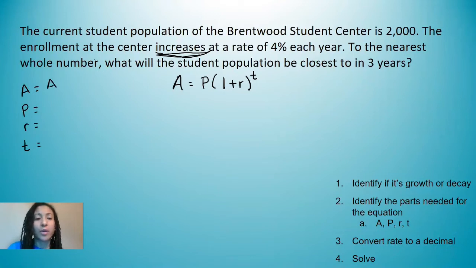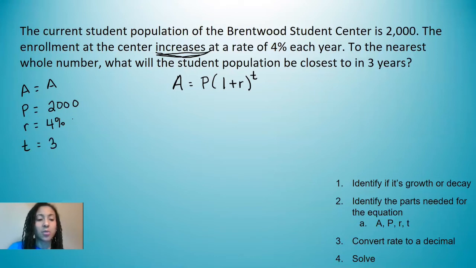We started off with 2,000 because the current student population is 2,000. So that's our starting point, our initial, our principal, all the same. Our rate is 4%, and then we want to know after 3 years.